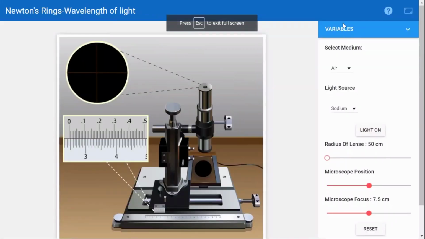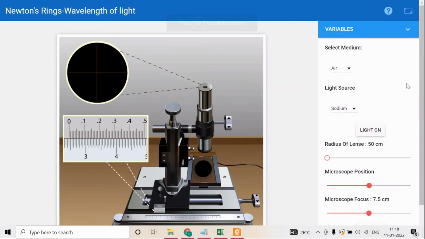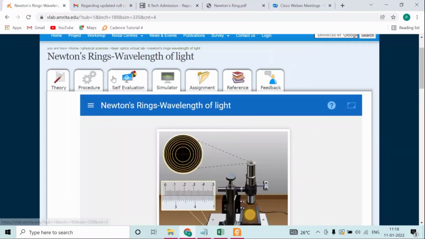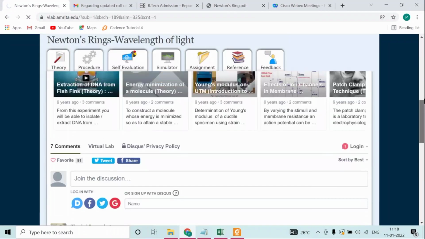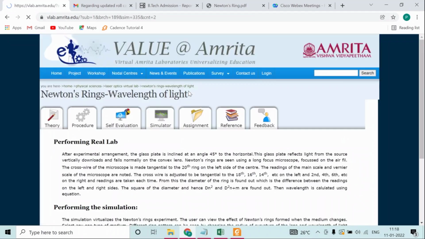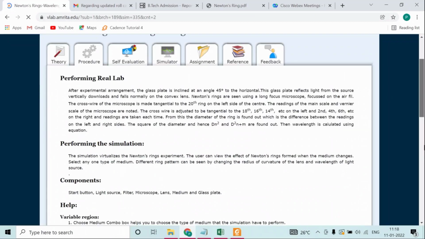For the sodium light source I am going to take the reading. Since it is air filled, I will just click on light on. You must be ready with pen and paper, as there are a number of things you have to note down. I will give you a couple of minutes so that you can write down the observation table and formula. I will go back to the procedure again.